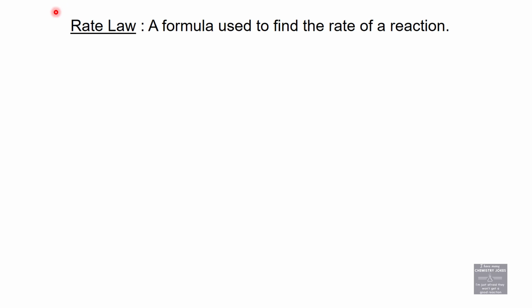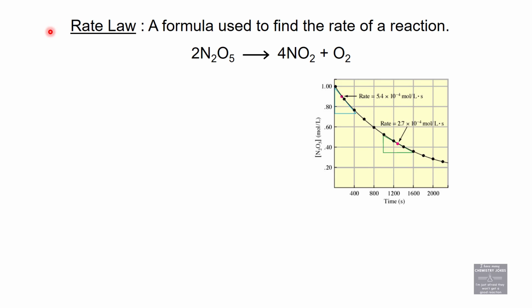So in our continuance of rate discussions, let's talk about the rate law. The rate law is a formula used to find the rate of a reaction. Here is a given reaction along with a partial plot based on those curvy plots that we've seen a few of at this point. The rate law for this reaction is as follows.